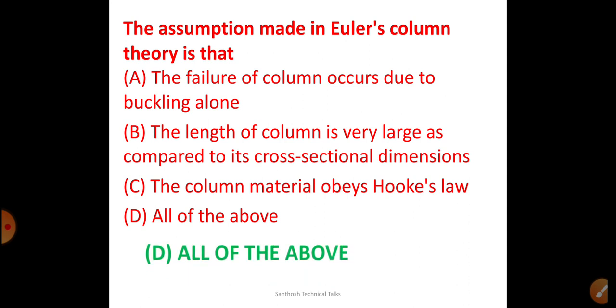So the assumptions are that long columns will fail due to buckling alone, the column material obeys Hooke's law, that is stress is directly proportional to strain, and the length of the column is very large compared to the cross-sectional dimension. Therefore all the above are the assumptions of Euler column theory.